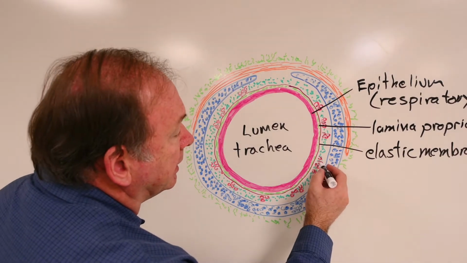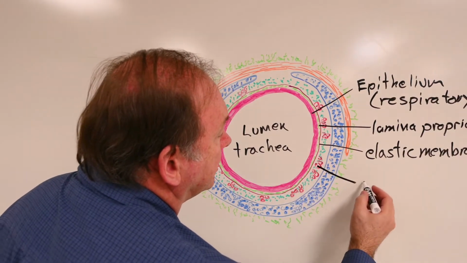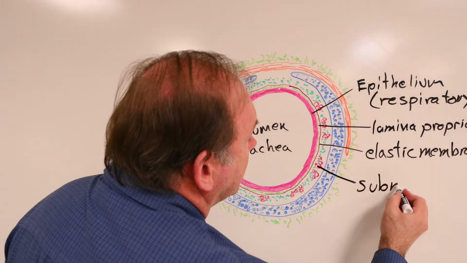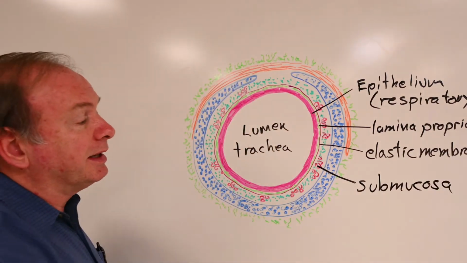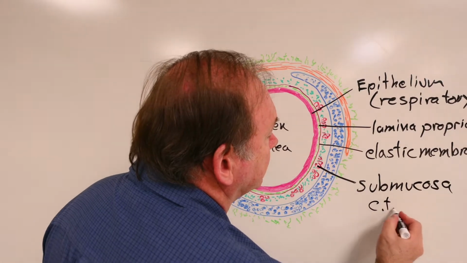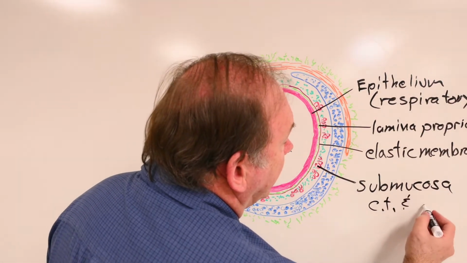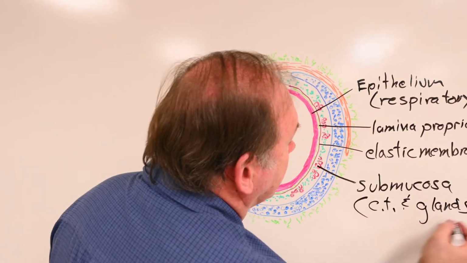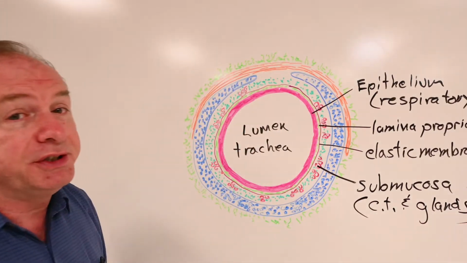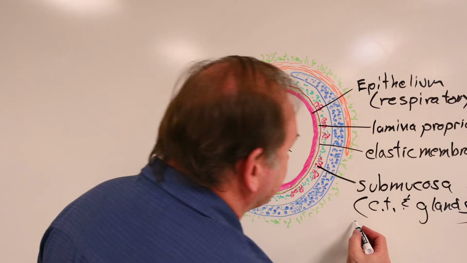Next, the submucosal layer consists of connective tissue and glands. These glands are called seromucous glands.